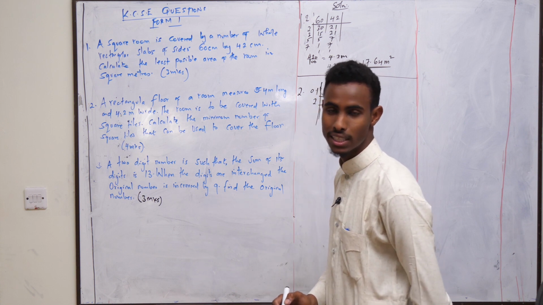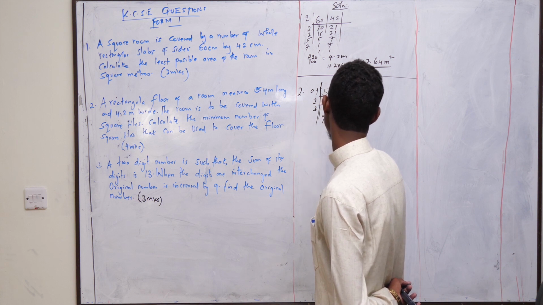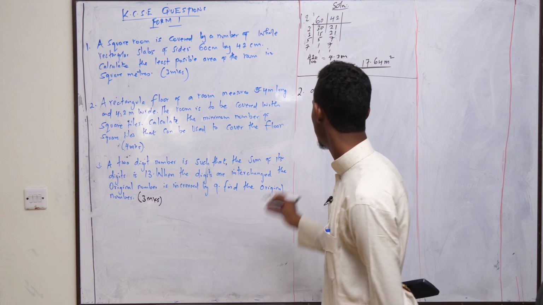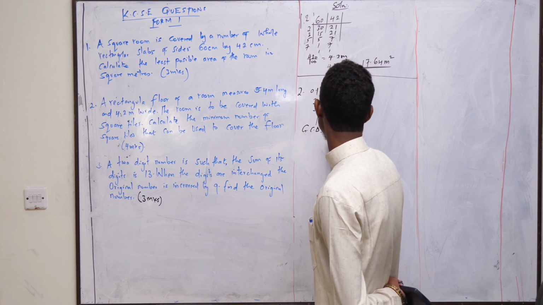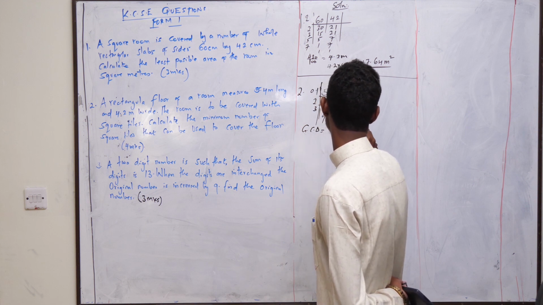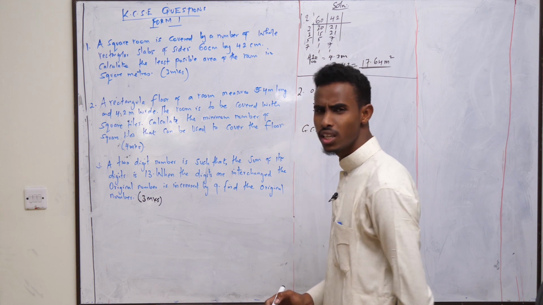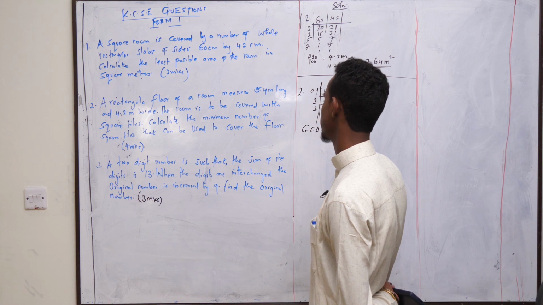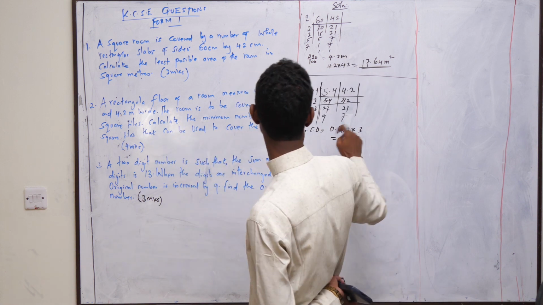Another common factor that can divide both of them is 3. That is 9, and there is 7. There's no other common factor. Now the GCD is equal to 0.1 times 2 times 3, which will give us 0.6. Now class, this 0.6 represents a side of a square tile.